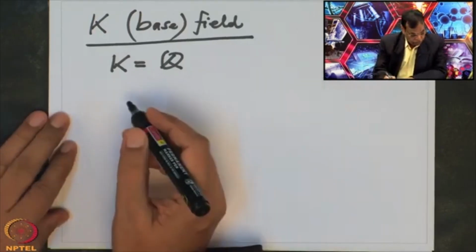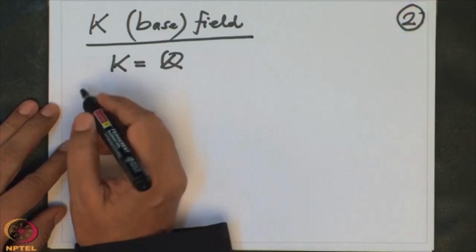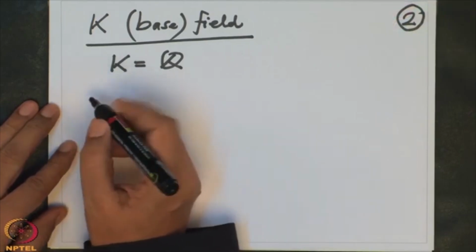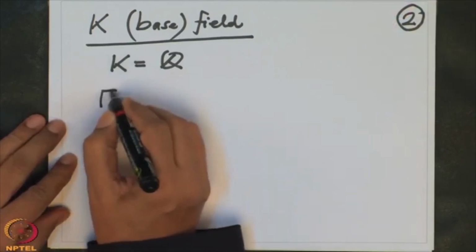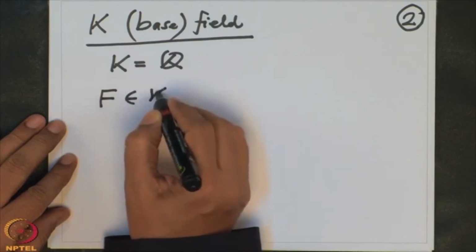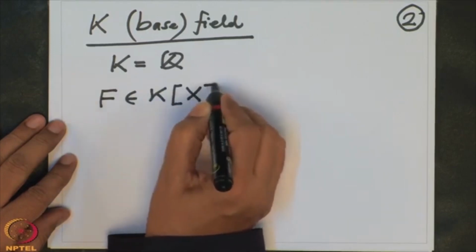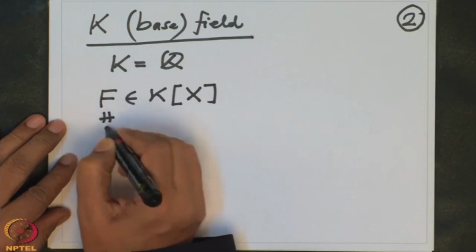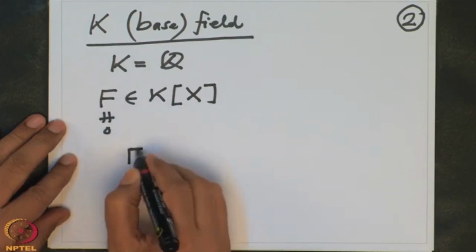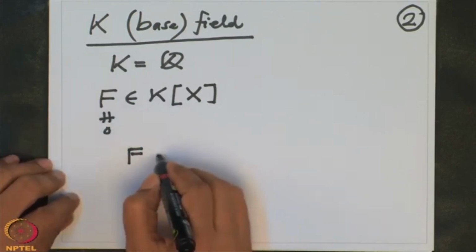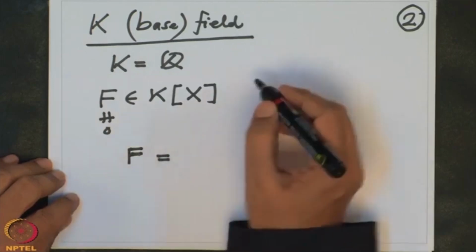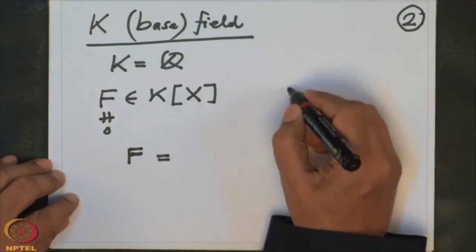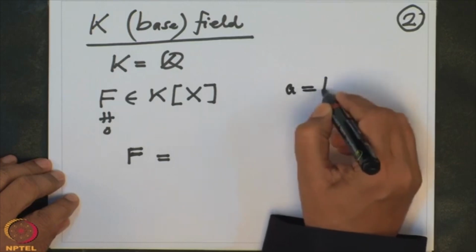So, in the last lecture we have proved that every polynomial f in K[x] has a factorization like this. f is non-zero and this f definitely I can factor as follows. First of all, this f will have a leading coefficient. So, I want to call that a to be the leading coefficient of f.